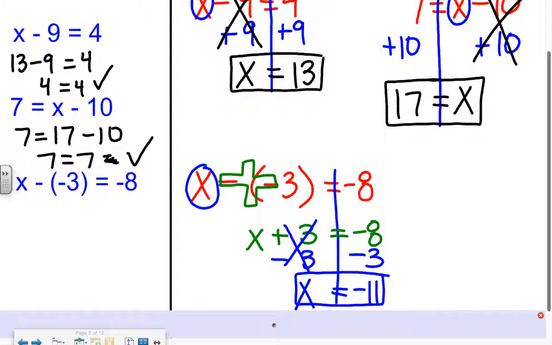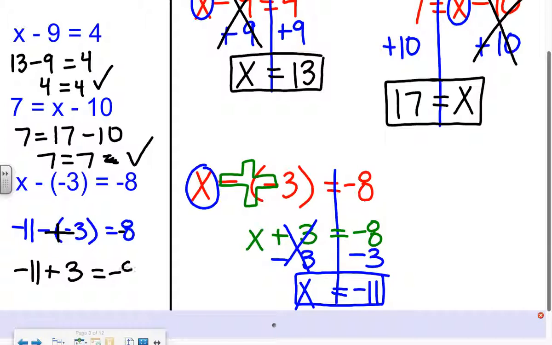If I go back and check this one, negative 11 minus a negative 3 equals negative 8. Even over here, I have to change this into a plus. So negative 11 plus 3 equals negative 8. Negative 11 plus 3 is negative 8. Negative 8 equals negative 8. So my answer is correct.